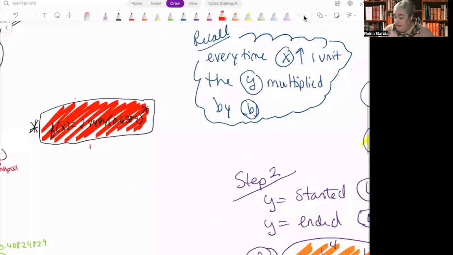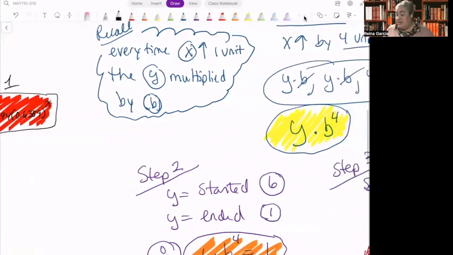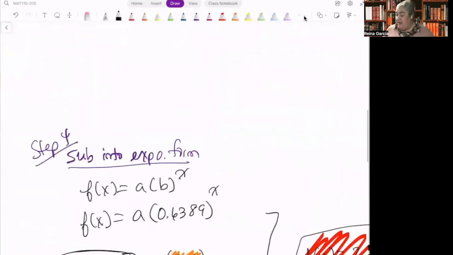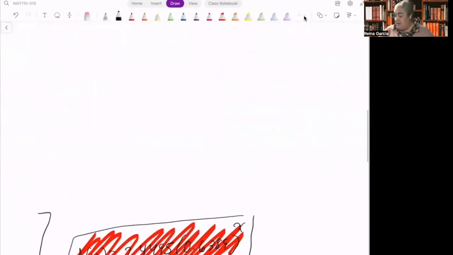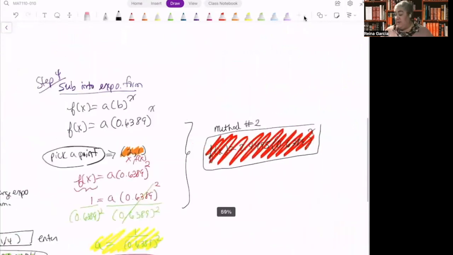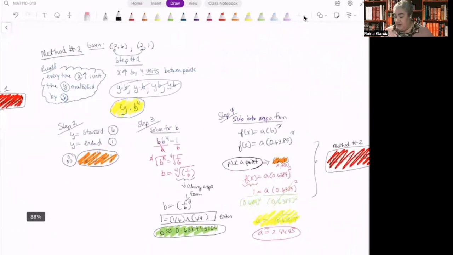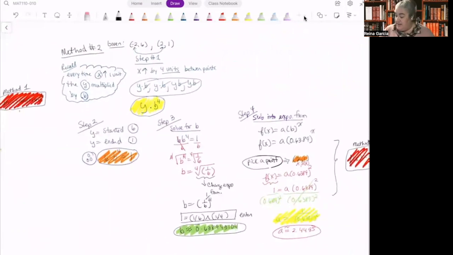There is the method 1 equation, and it is 2.4494 times 0.6389 to the power of x. And here is our method 2 equation, and it is exactly the same. So both methods will get you to the answer, but I do find that method 2 is a little more efficient.